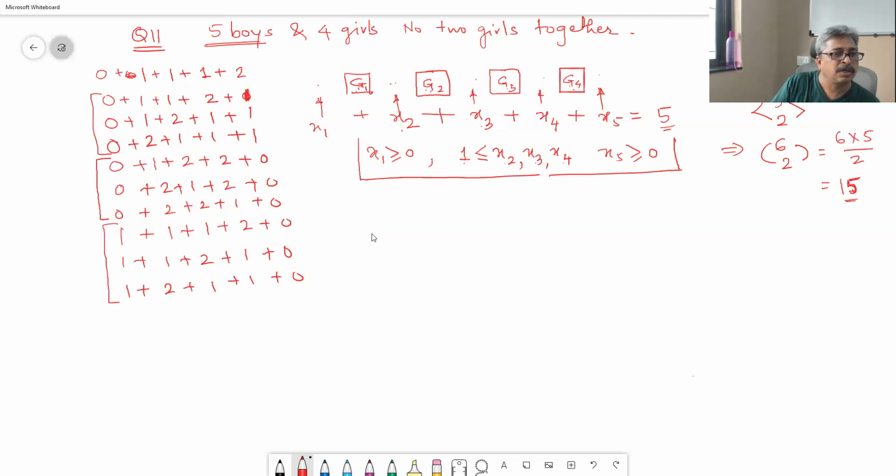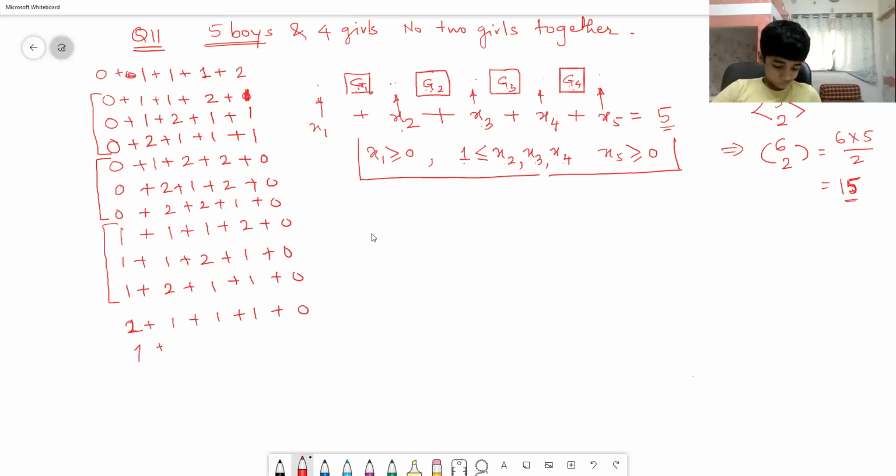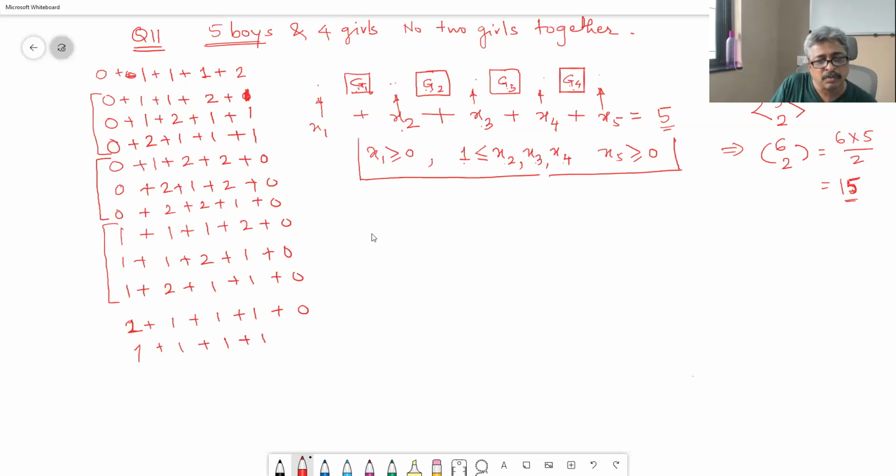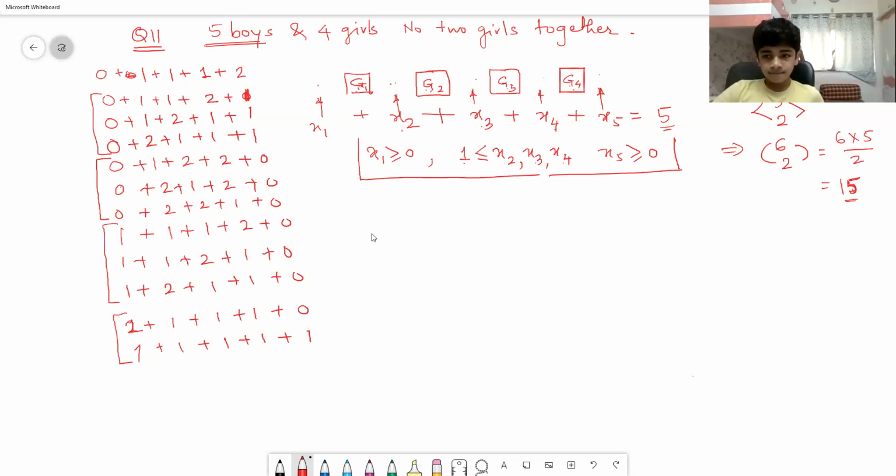So this is a set of 3 again, that makes 10. Now I can do 2 plus 1 plus 1 plus 1 plus 0. That is the 11th. Then I have 1 plus 1 plus 1 plus 1 plus 1. That is the 12th. Is that correct? Yes, sir.